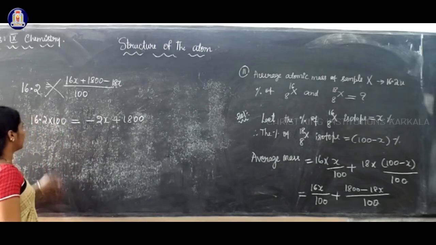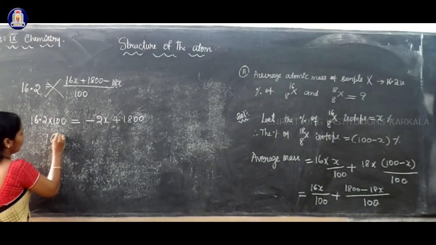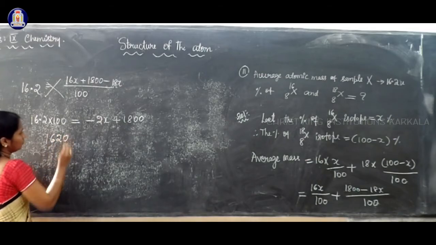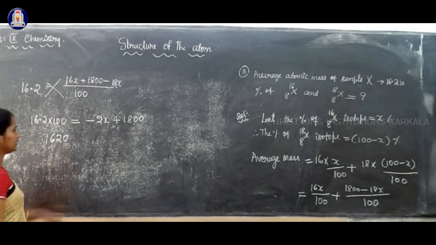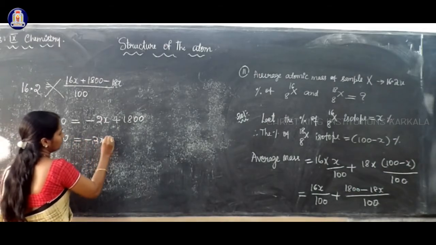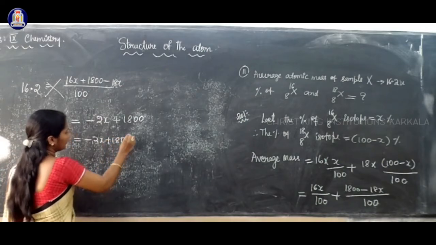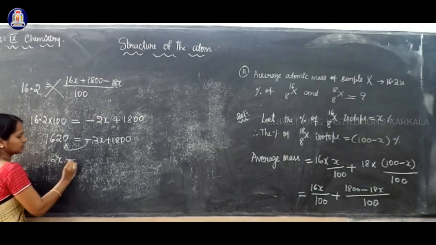When you multiply 16.2 into 100, you will get 1620. So 1620 is equal to minus 2x plus 1800.